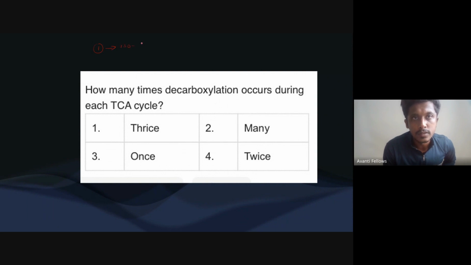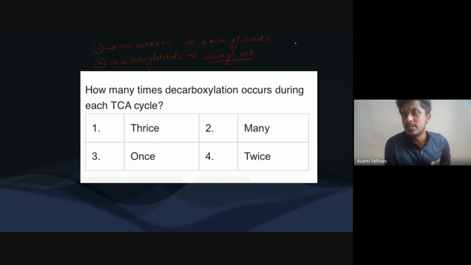Once we have isocitrate converted into alpha ketoglutarate, and then we have the second one, alpha ketoglutarate converted into succinyl CoA.